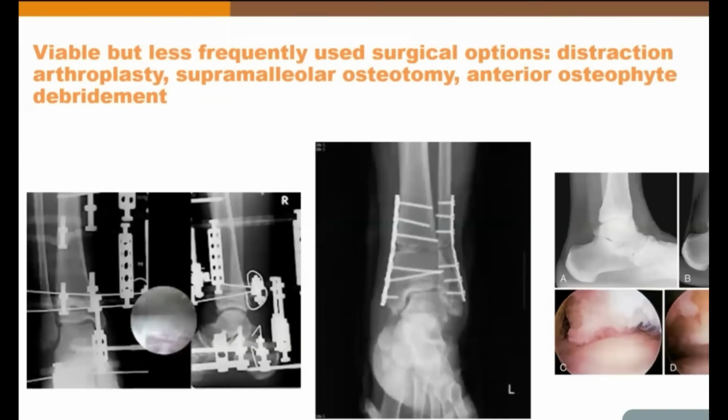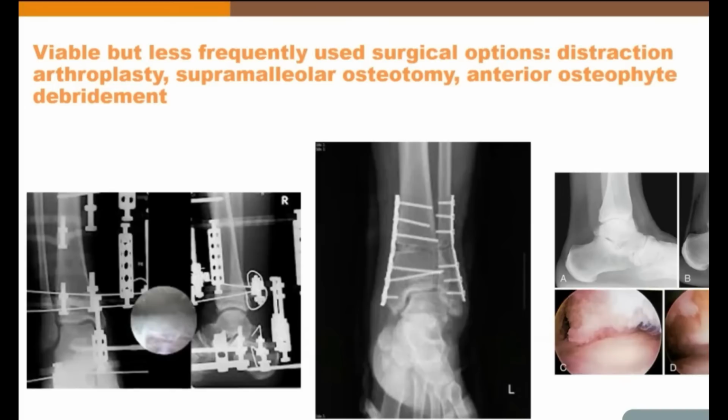So ankle fusion and ankle arthroplasty are not the only two surgical options out there. There are some less frequently used options. If we move from left to right, looking at the pictures on the screen, distraction arthroplasty is a technique that places a frame traversing the ankle joint and pulls traction through it to help with pain and the effects of arthritis after removal of the frame.